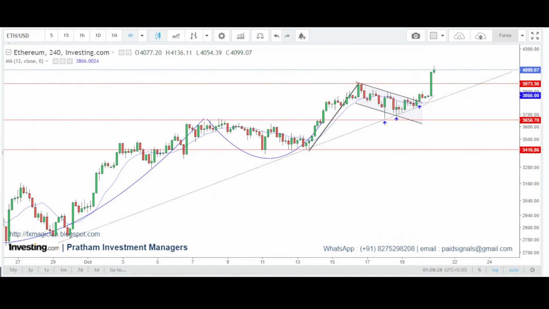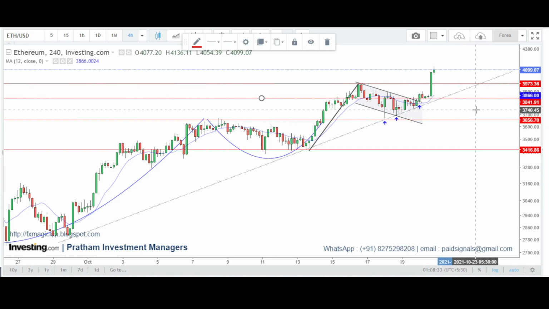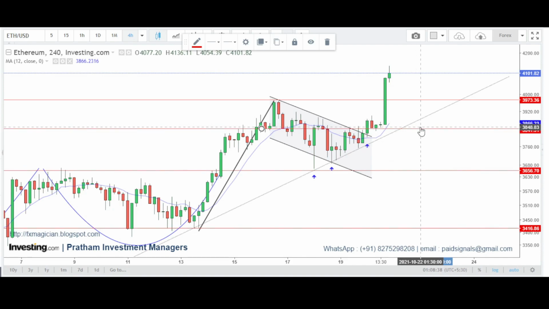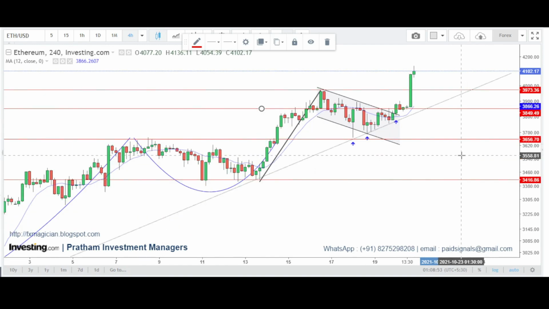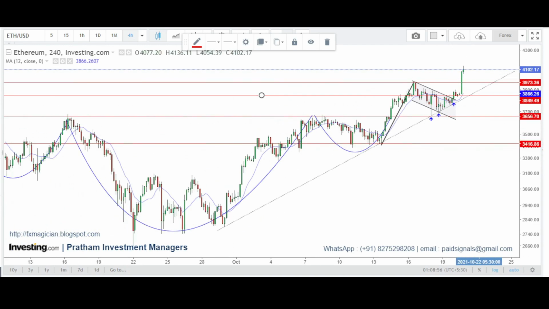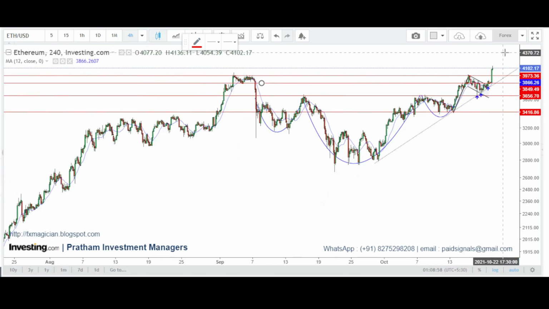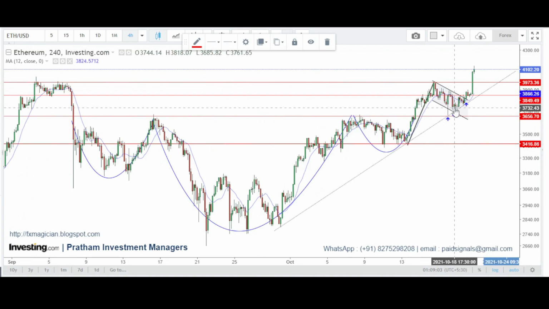From the breakout zone, we can count 550 points: 3840 plus 550. So it will be approximately 3900 plus 500, which is the 4400 area. I will mark a level around 4400. This will be my target for the flag formation.